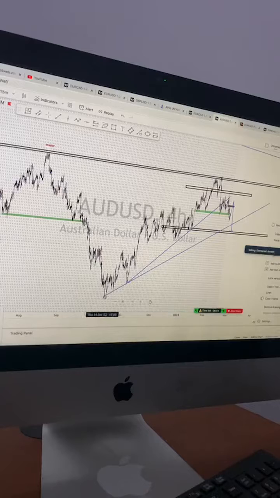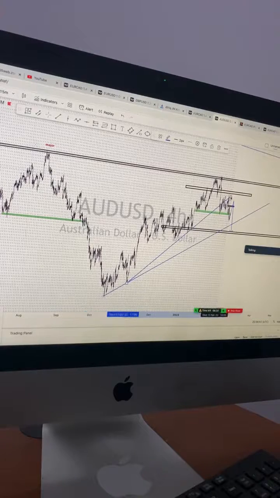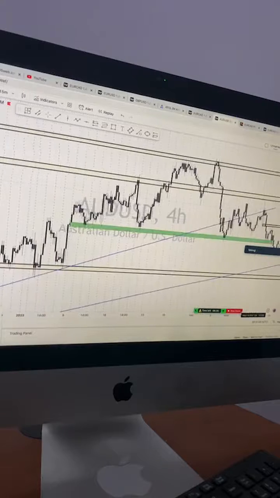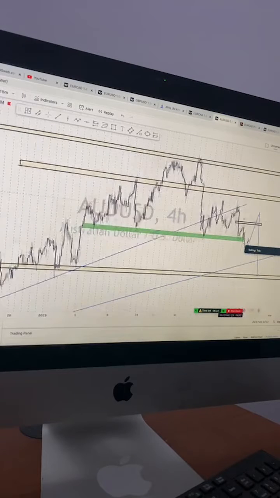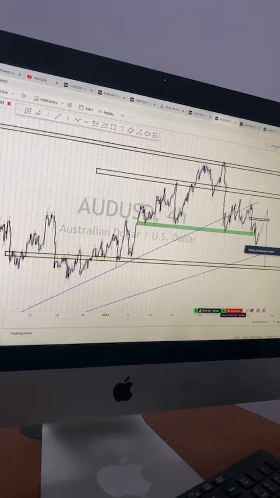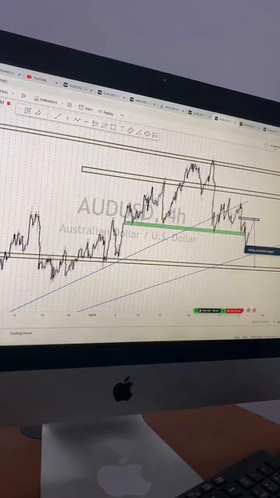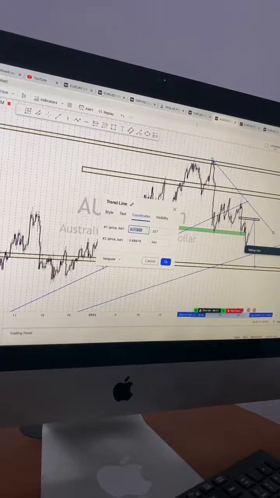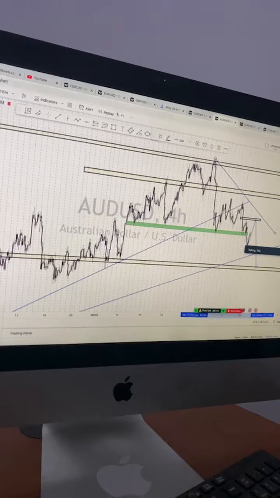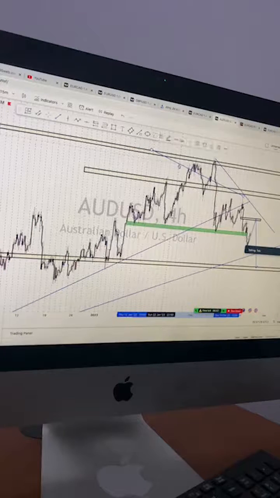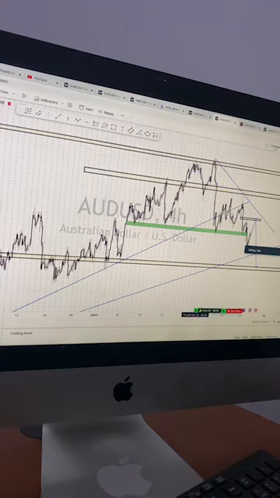Okay, it's downwards. Okay, it hasn't touched. So okay, broke the trend line, tested it. So yeah, so possibly it can. You can also draw from here to here. And draw this trend from here downwards. So I can take this out.